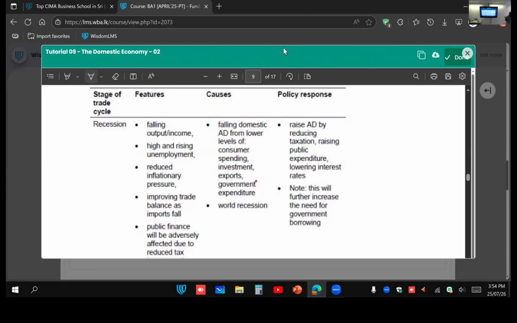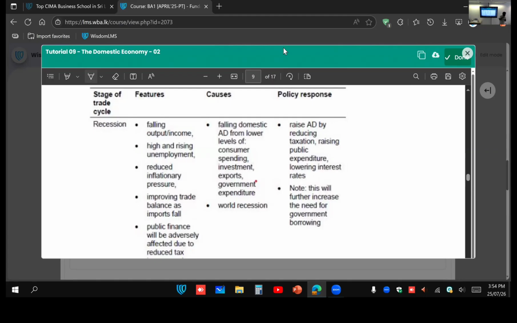Recession. All explained? Right. See, falling output, queues, high and rising unemployment, yes, reduced inflationary pressure. Why? Because there is very little output, what happens?